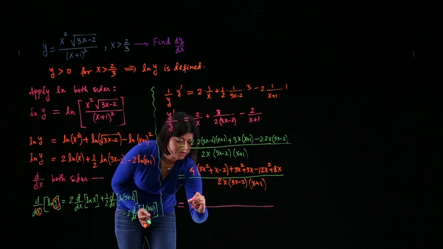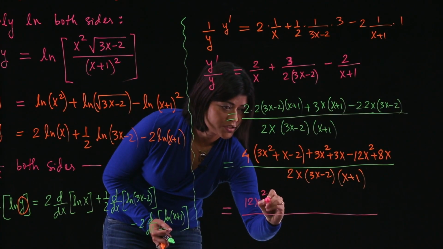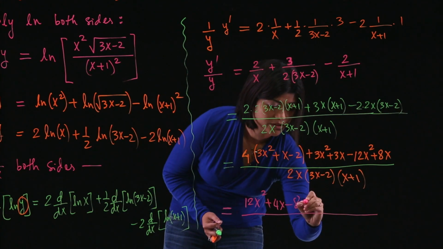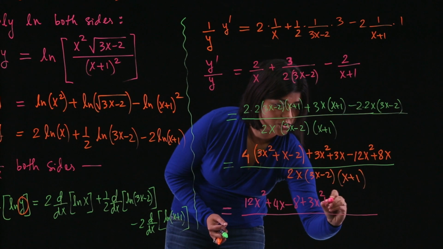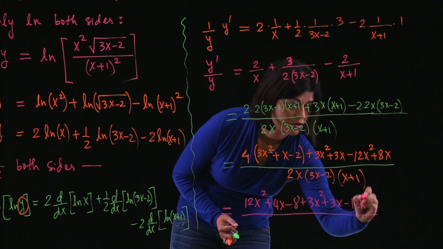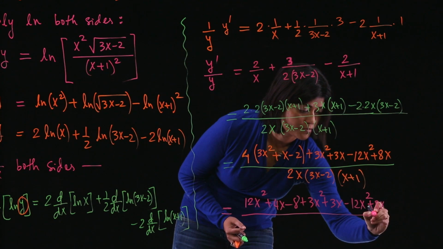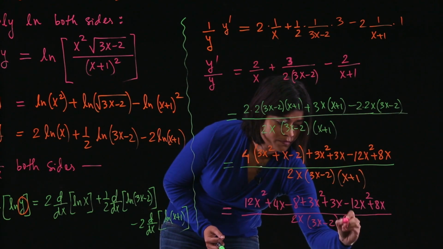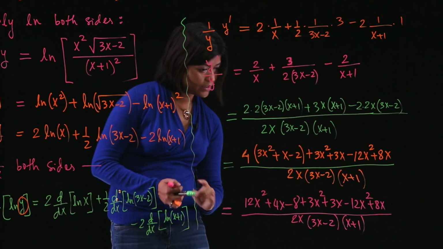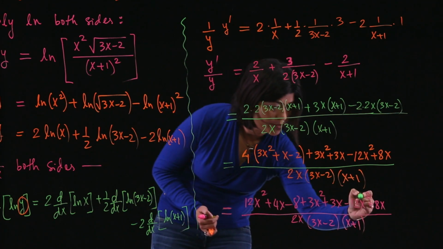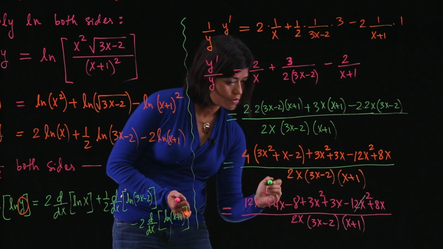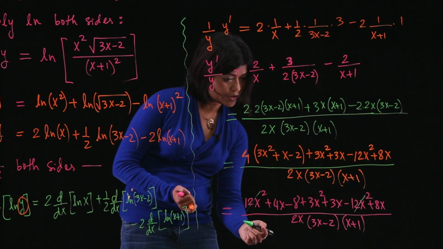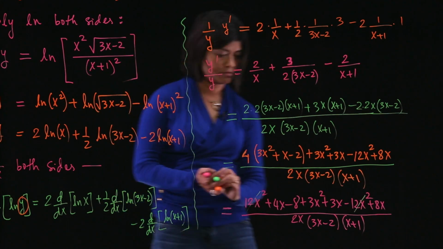Okay, so we get 4 times 3, 12x squared, plus 4x minus 8, and then we have this remaining plus 3x squared plus 3x minus 12x squared plus 8x, and denominator remains the same. Okay, anything cancels? Yes, the 12x squared and minus 12x squared, I see one of them cancels. What else? Nothing else, but we can combine some things.